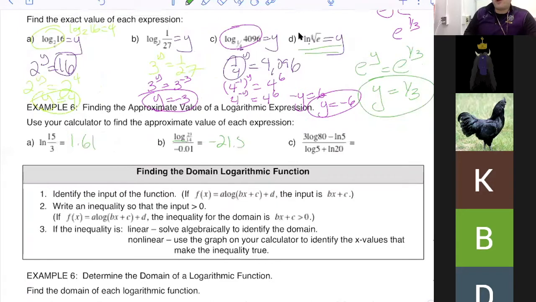All right, I want everyone to try C. I'm going to give you the answer ahead of time so you know what to look for: 1.11. Play around with your calculator, either Desmos or your graphing calculator, and let's see if you can get 1.11. Take about 30 seconds. It'll take you that long to type things in.